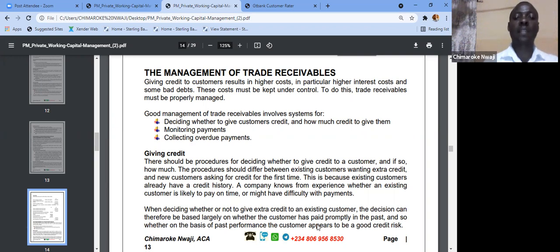There are things you could do. For example, you could decide whether to give some customers credit and how much you should give them. Okay. So when you are trying to decide who to give credit, how much to give them, how long they should take, you should look at your existing customers and also look at those that are new customers.